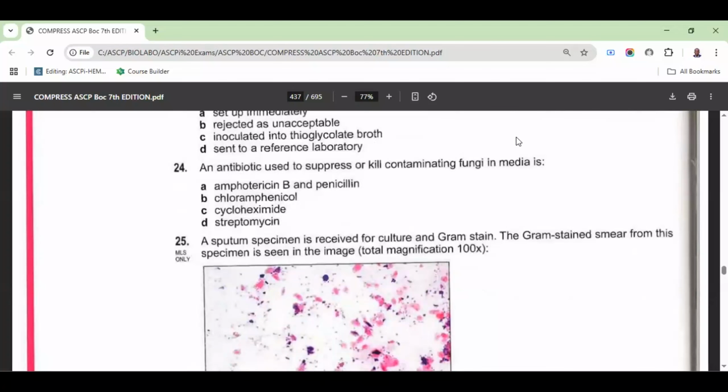Contaminating fungi are like those ones that are growing very fast. I think it's cycloheximide. Someone else? We have amphotericin B and the penicillin.